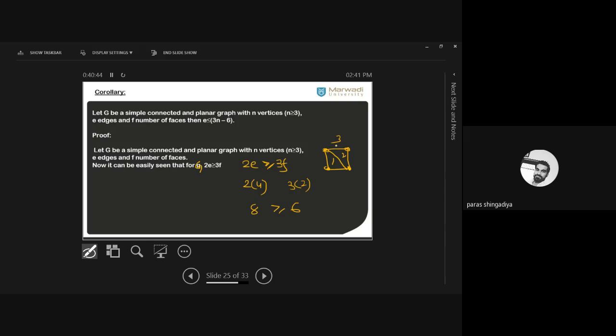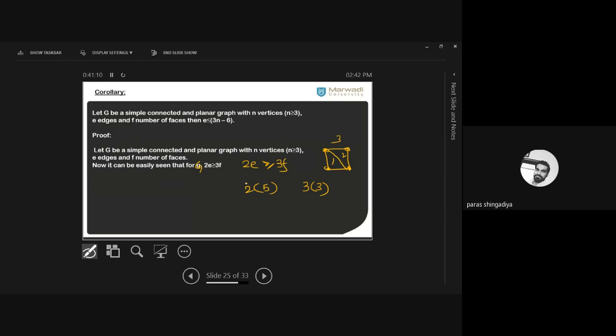Now let's verify this. So 2 times 5, and the second part here is 3 of 3 regions. 3 faces and 5 edges.